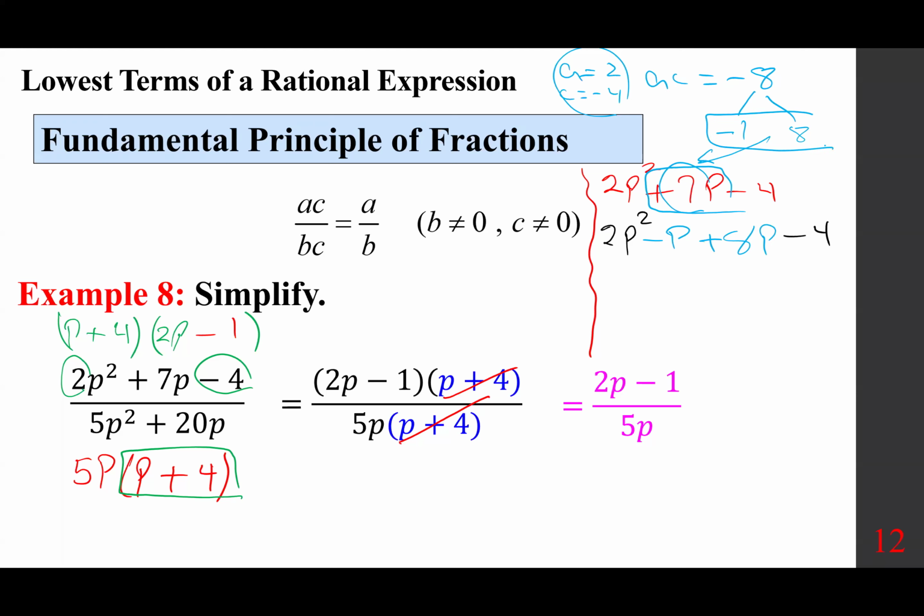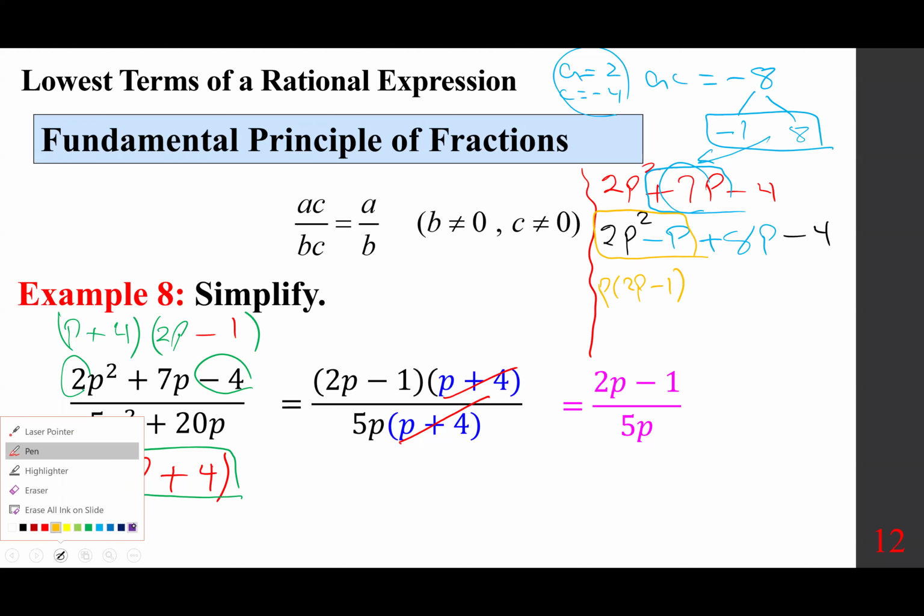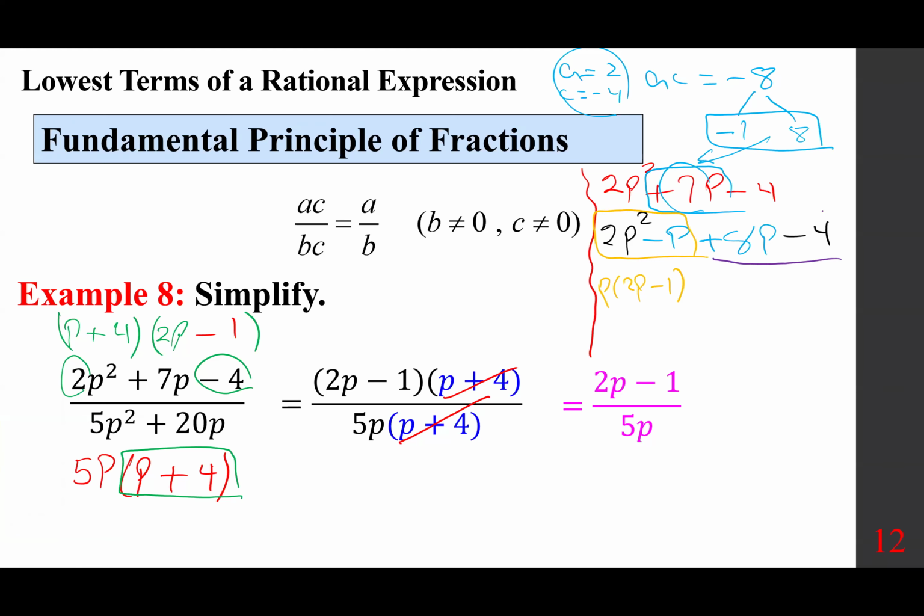So using those, minus p plus 8p. And now the first two, these two, we take out the p, we get 2p minus 1. The last two, we take the 4 out, and we get the same 2p minus 1. And this can be factored into what you have here.